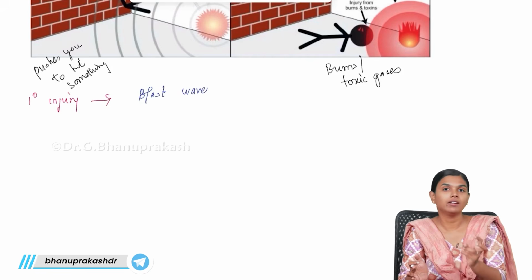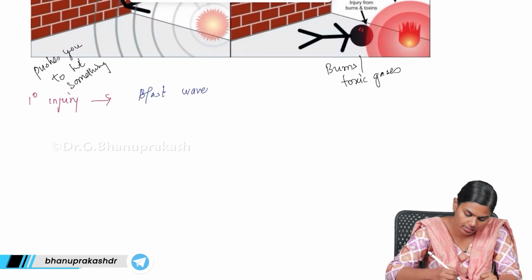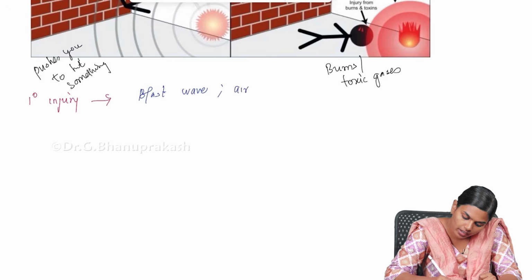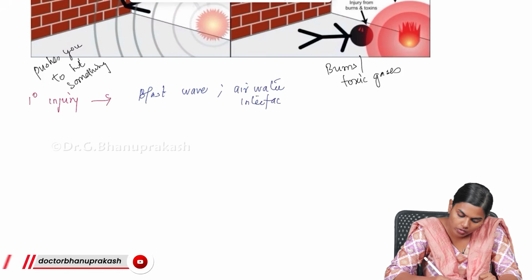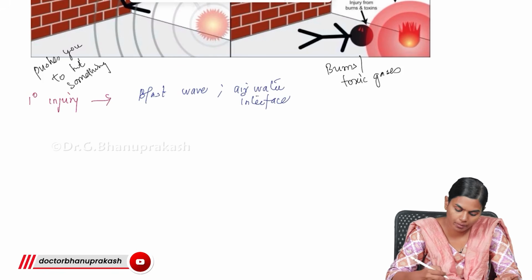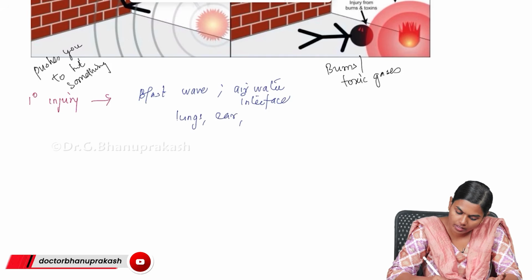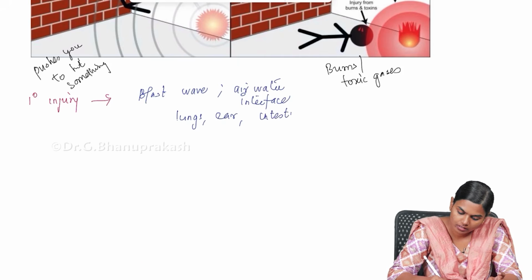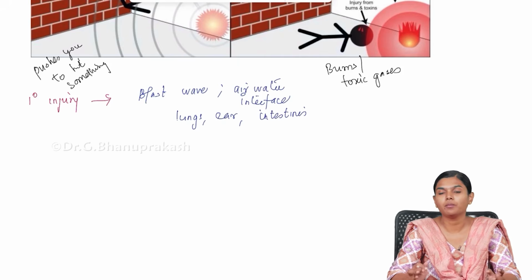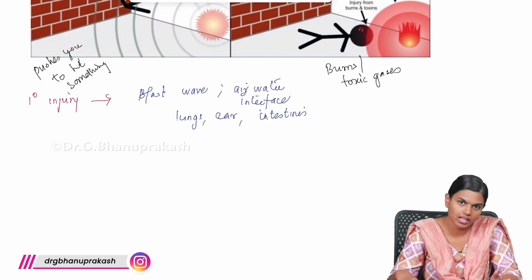This air will come and hit you, and where it will cause damage is wherever there is an air-water interface, there you will be getting the damages. So where are air-water interfaces? Mainly your lungs, ear, then intestines. This is where the main injury will occur. This is the primary blast injury.